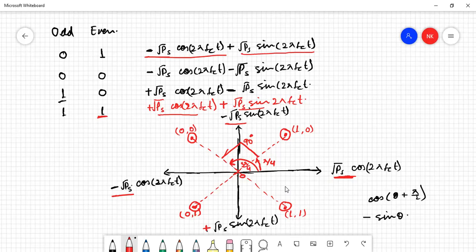So we will stop here for today because it is time for your next class. In the next class, we will proceed with this and we will go through the reception of this QPSK. Okay, in the next class, we will go through the reception or the detection of QPSK. For today, this is over now.